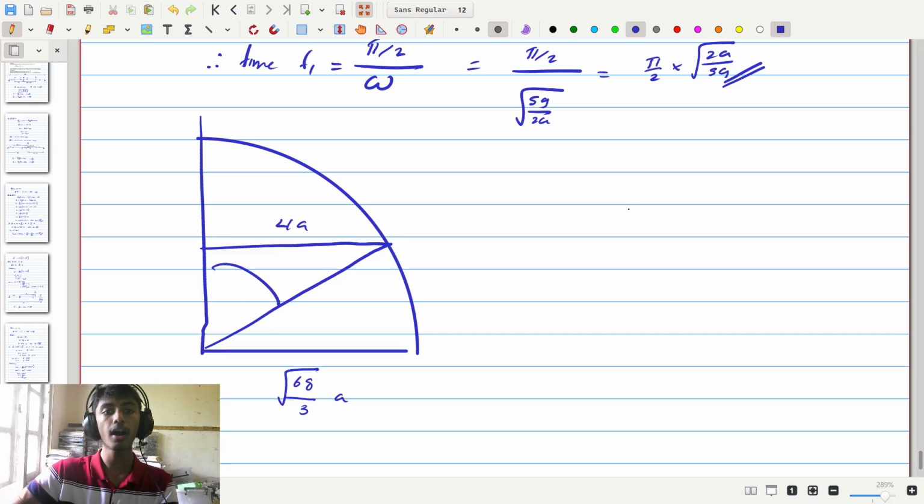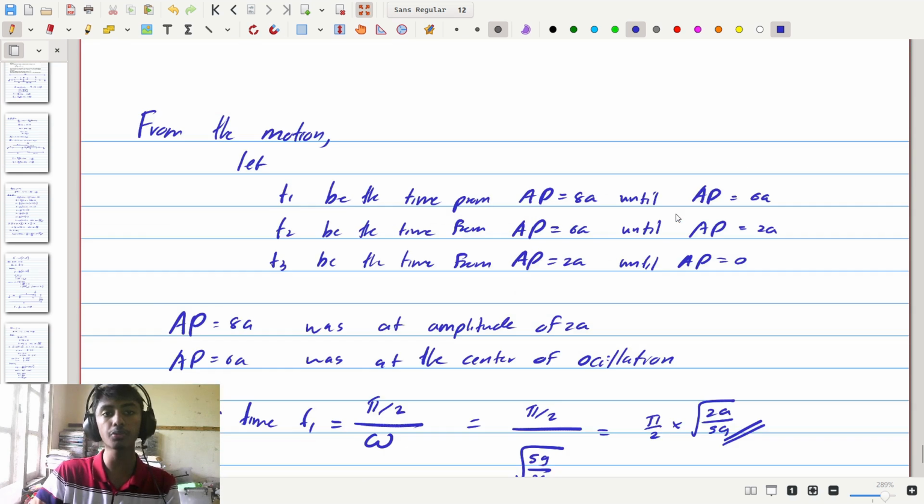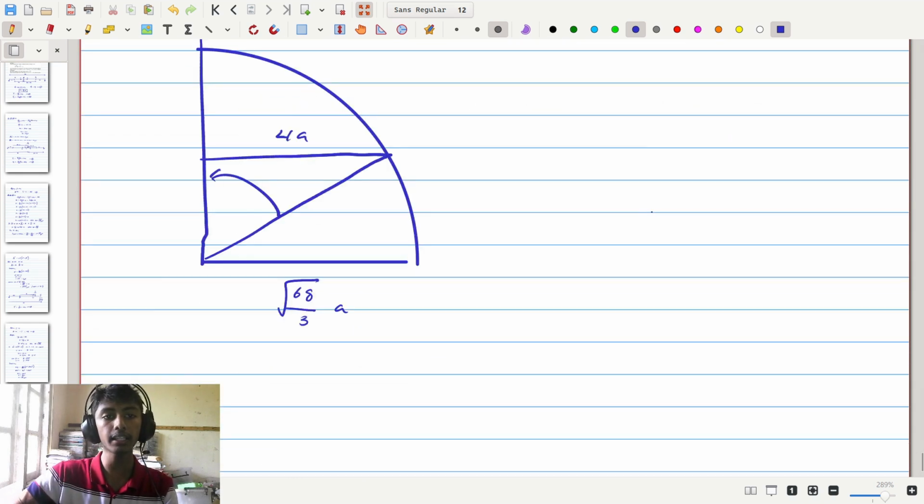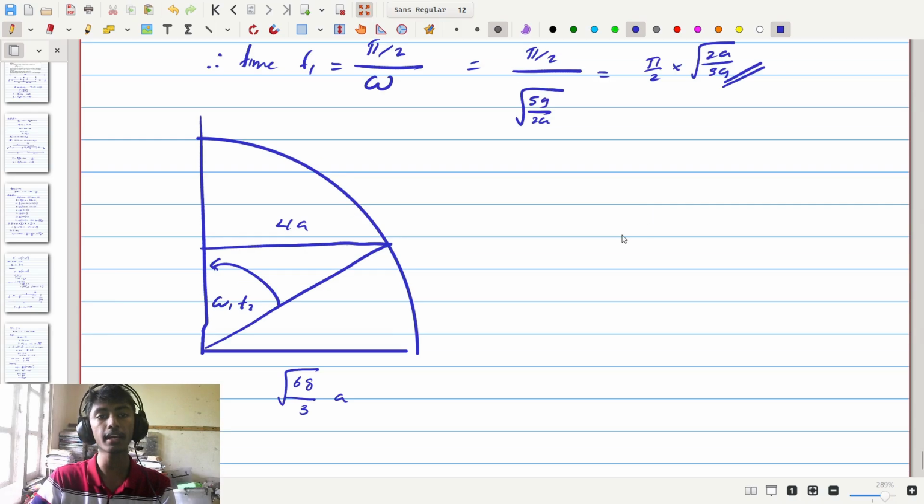So therefore, under the new angular velocity, which was omega 1, the total angle that we turn through here was omega 1 times t2. So this angle here is omega 1 t2, and we can find its value based on the other values that we have.